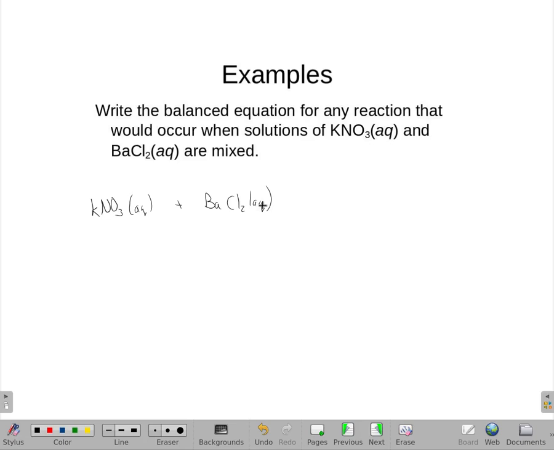We're going to separate them later in this chapter, but right now we're leaving them together. Now, what we're going to show in our reaction is we're going to swap our metals. So the potassium will end up with the chloride. Potassium is a +1, Cl is a -1, so that just makes KCl. Barium is a +2, nitrate's a -1, so barium nitrate is Ba(NO3)2.